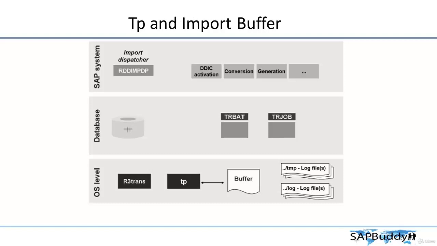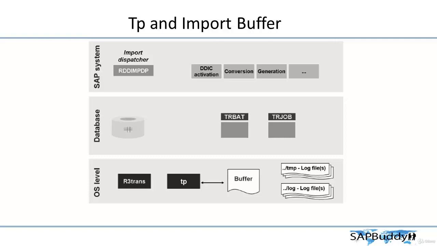Now let's see how TP and R3trans work. During the import, in the first step, TP calls the operating system to start the import by the tp import command at the operating system level.